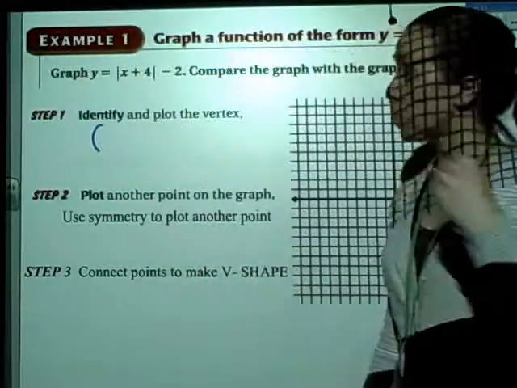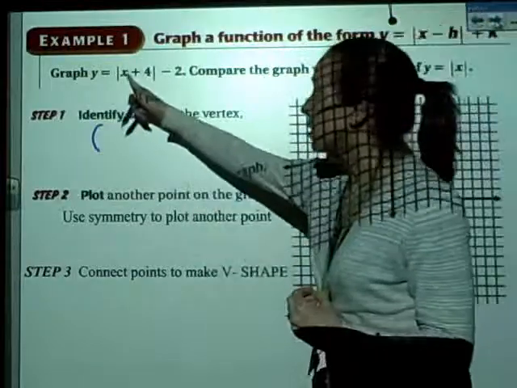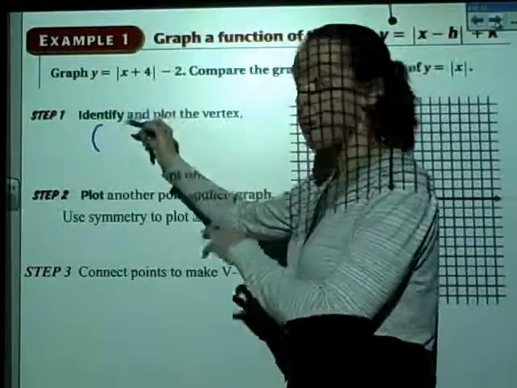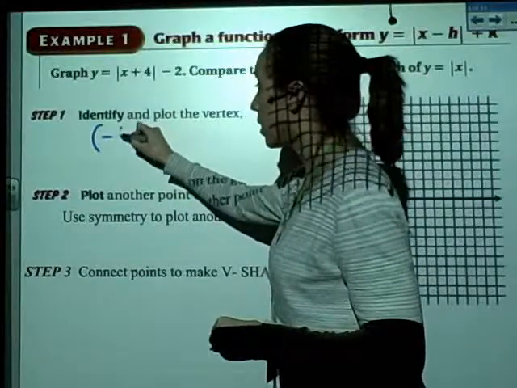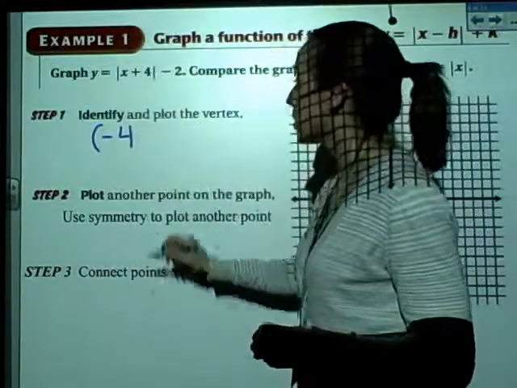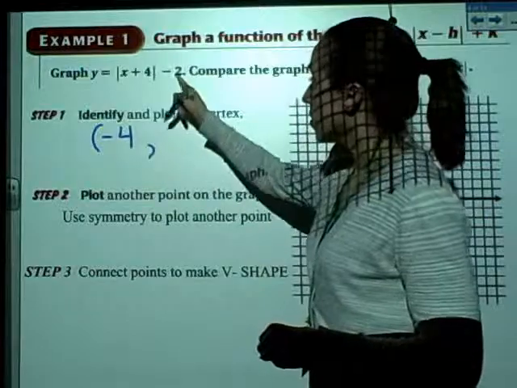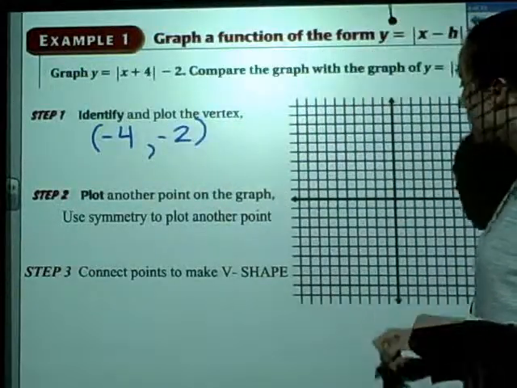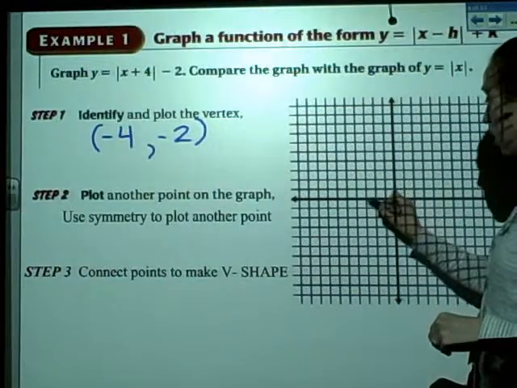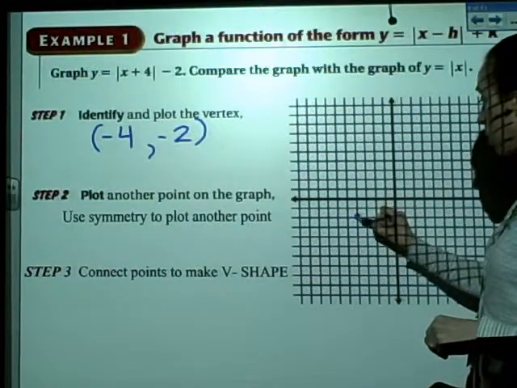And I'm still going to pull out the opposite. It says x plus 4, but my vertex, my x value, or my h, is going to be a negative 4. We pull out the opposite. Then, whatever's at the end is your k value. So we have a vertex at negative 4, negative 2.